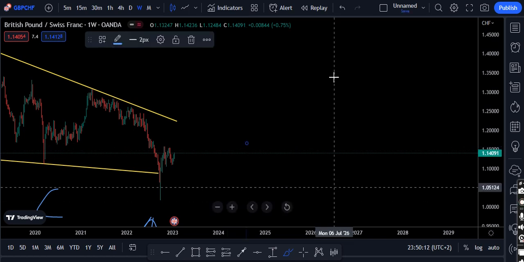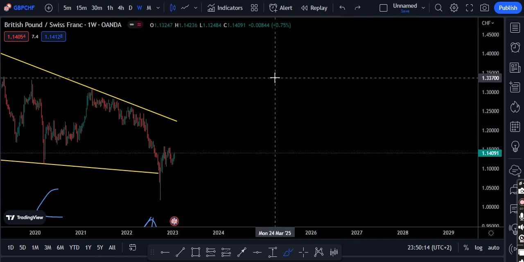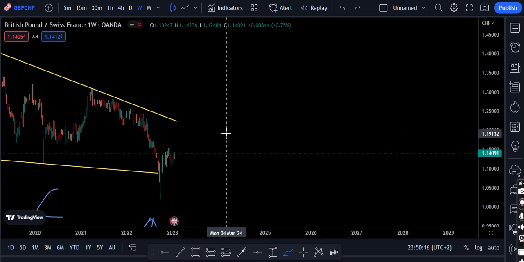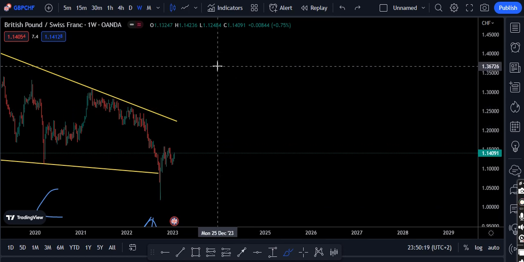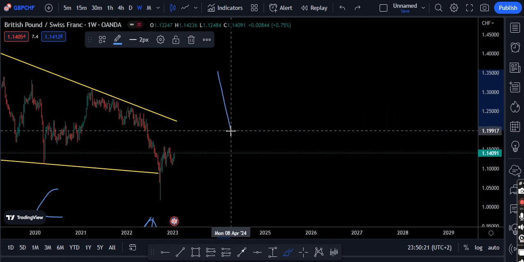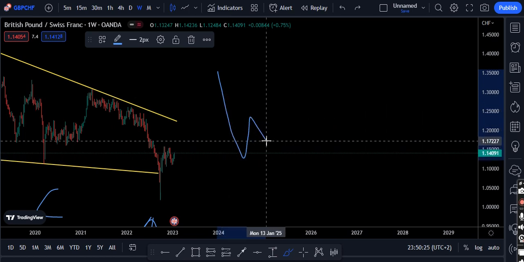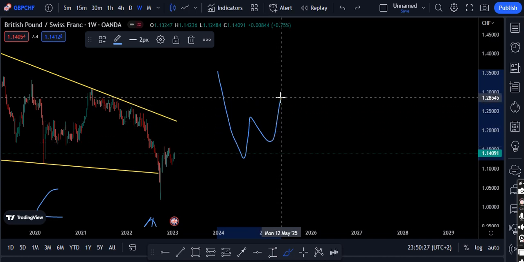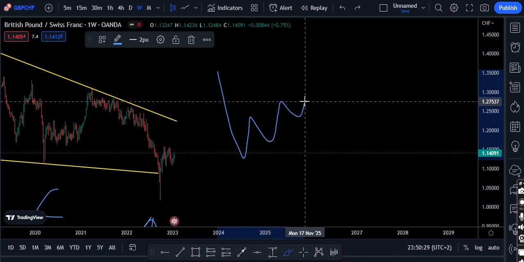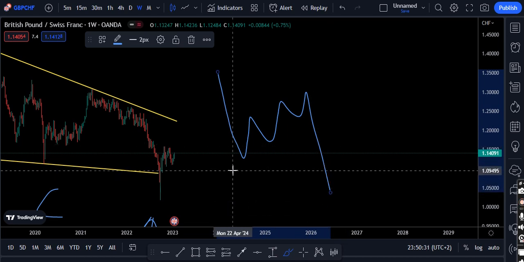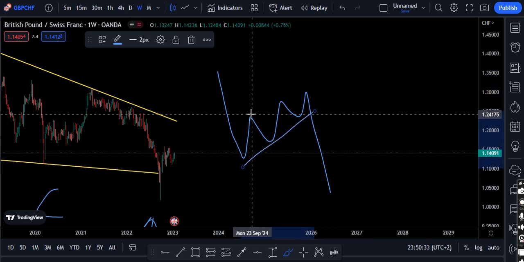Firstly, we're going to talk about this type of pattern: the wedge, rising wedge and falling wedge. The wedges always look like this, and they can also look like this. That is the wedge.